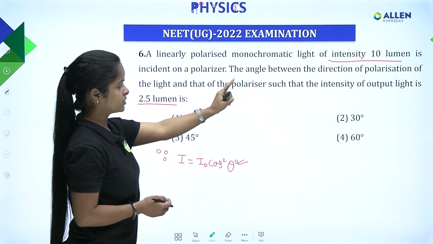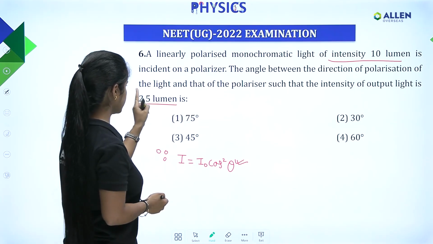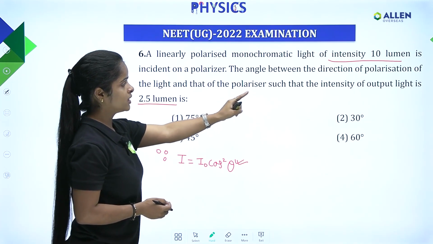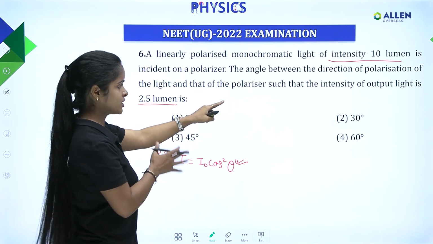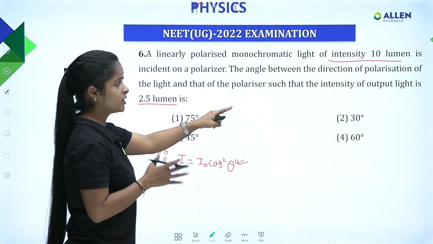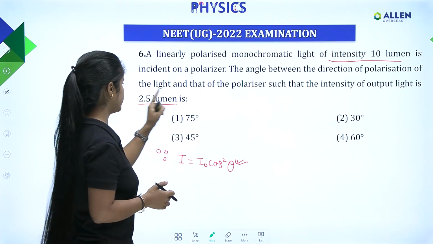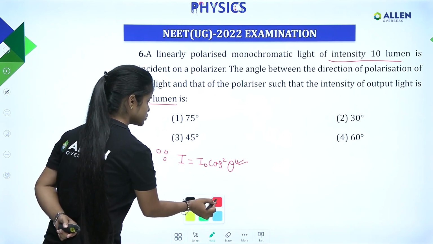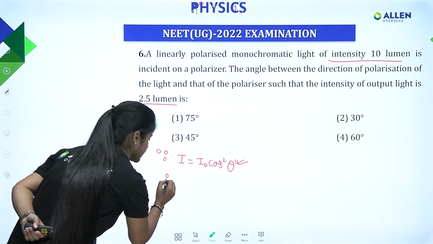The angle between the direction of polarization of the light and that of the polarizer is such that the intensity, meaning you have to make such an angle so that the intensity in the output will be equal to what? 2.5 lumens, right?